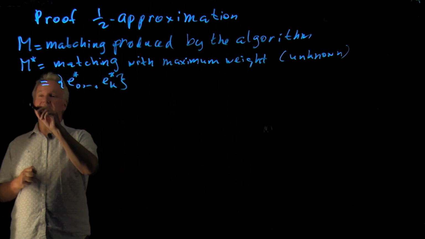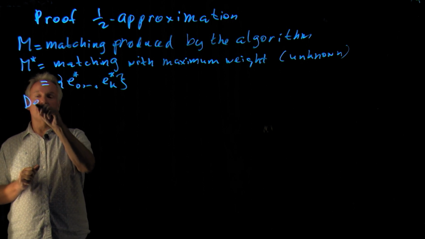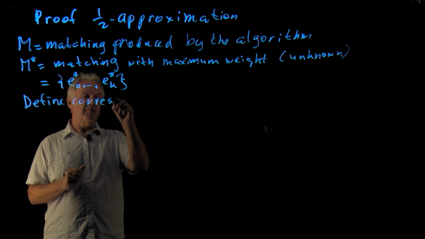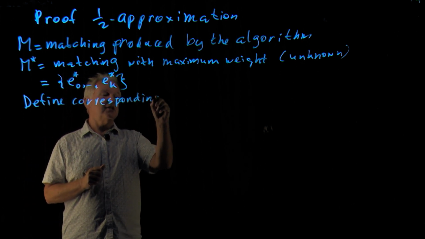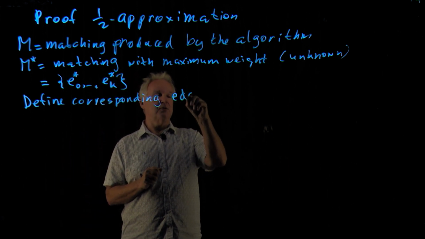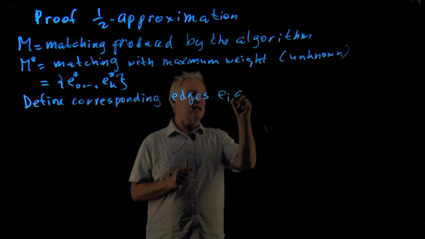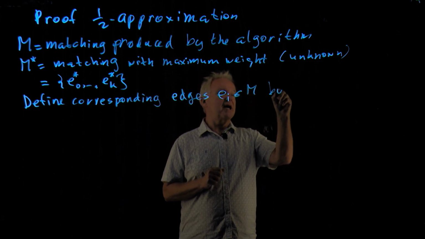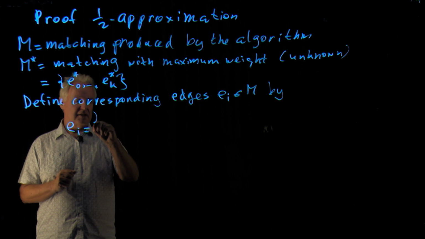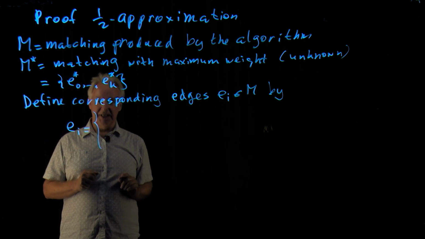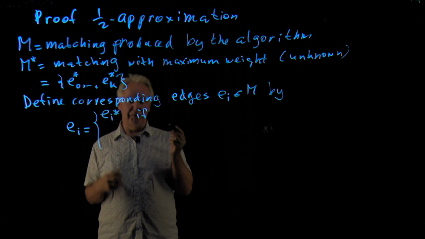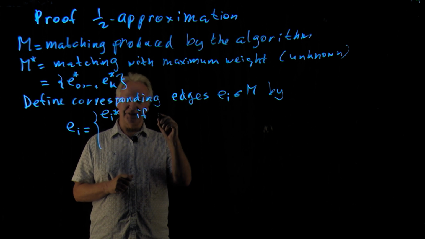And then we define corresponding edges in M to those in the optimal matching. We define the corresponding edge Ei in M by Ei star if such an edge Ei star is already in M, then we don't need to take something else.